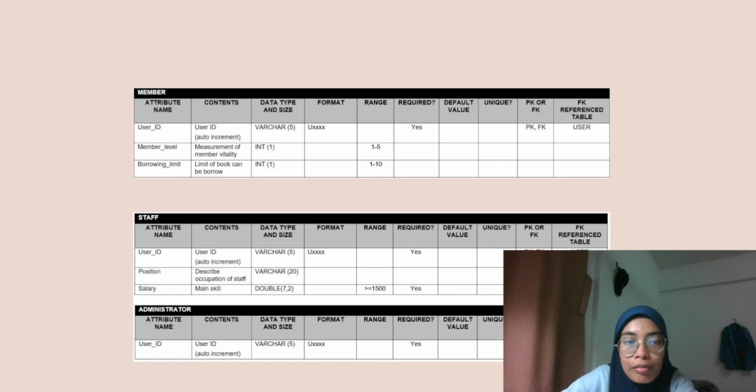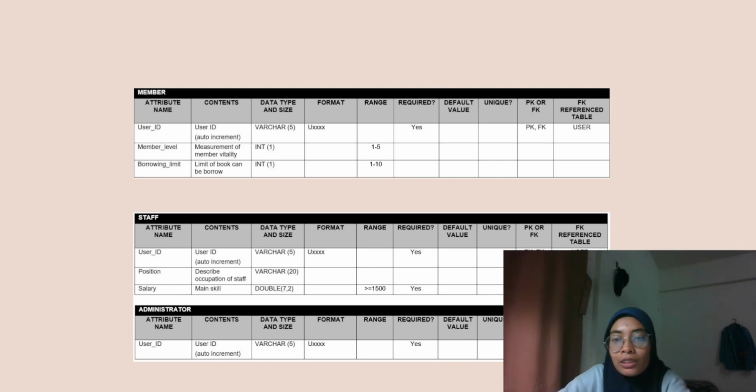As you can see from the staff, we have the salary, which has the range of under 1,500 for the staff of the library. So we could see that all these tables have the user ID reference from the user table.